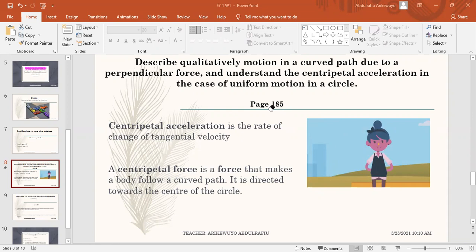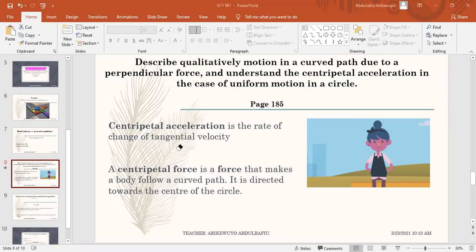Now, can you read this for me? Centripetal acceleration is the rate of change of tangential velocity.